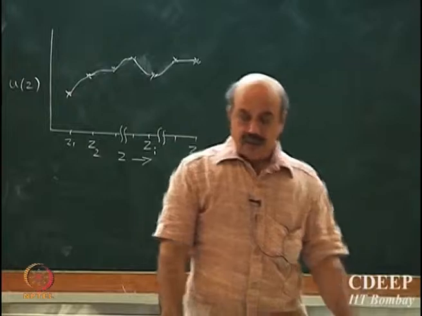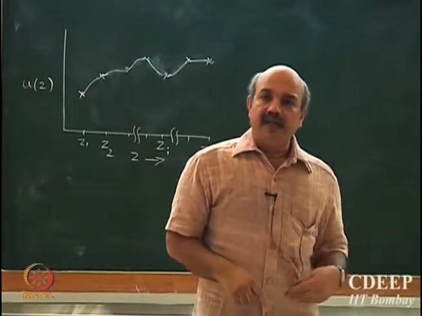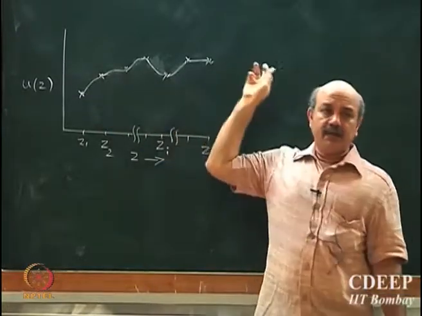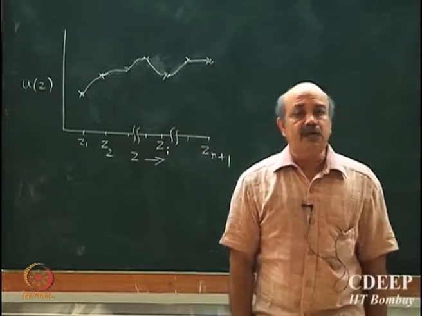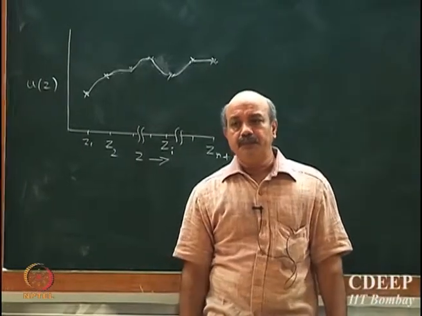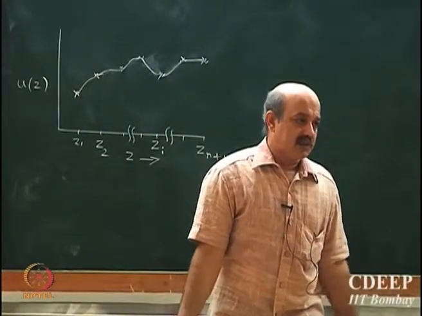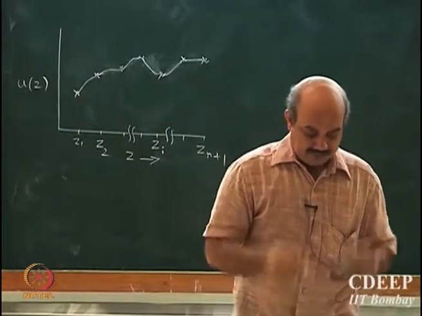So this is a small point. The next point that I want to make here is, when I am developing this approximation, is it necessary that I only do a polynomial approximation? It's not necessary that I only do polynomial approximation. I can do function approximation.